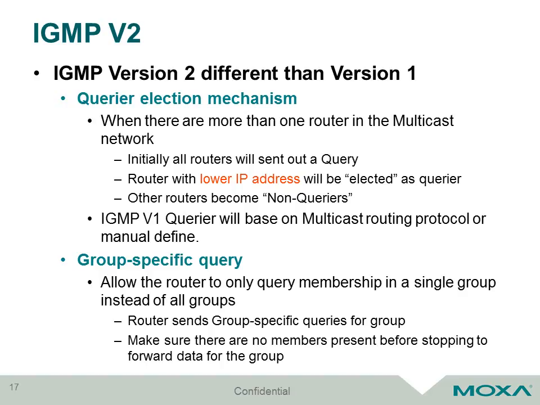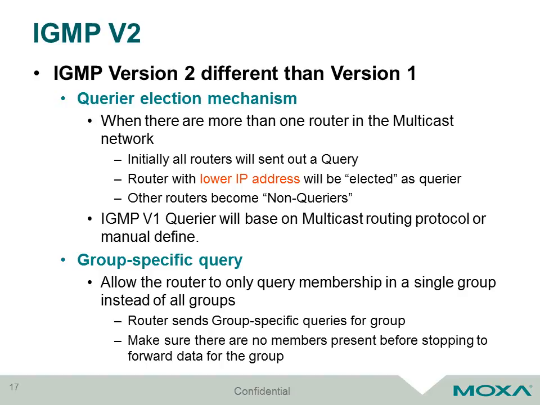When there is more than one router in a multicast network, initially all routers will send out a query, and then the router with the lowest IP address will be elected as the querier, and the other routers become non-queriers. However, in IGMP V1 the querier is based on the multicast routing protocol or manually defined.